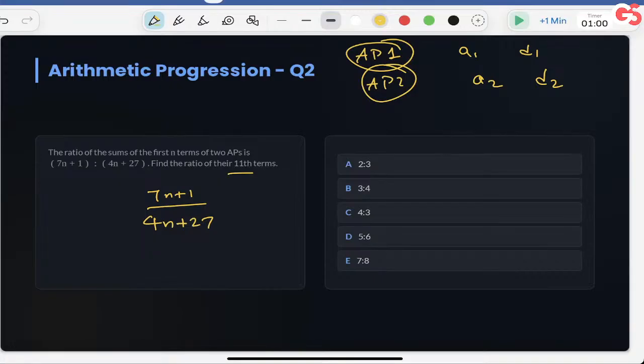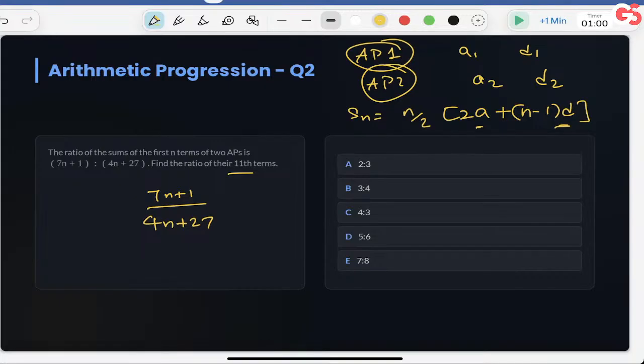The sum is given by n by 2 times (2a plus (n minus 1) times d). For the first AP we replace a with a1 and d with d1; for the second AP we replace a with a2 and d with d2.